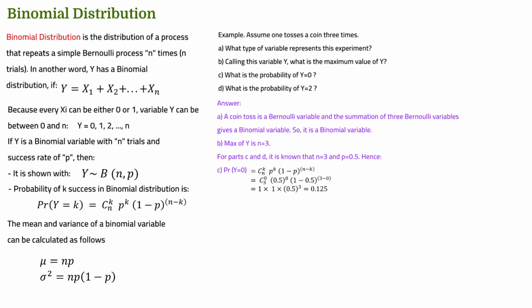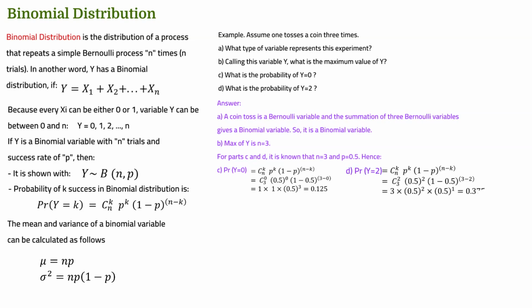Hence, probability of y equal to 0, using the formula, is combination of 3 and 0, half power 0, 1 minus half power 3 minus 0, which is 1 times half power 3, which is equal to 0.125.